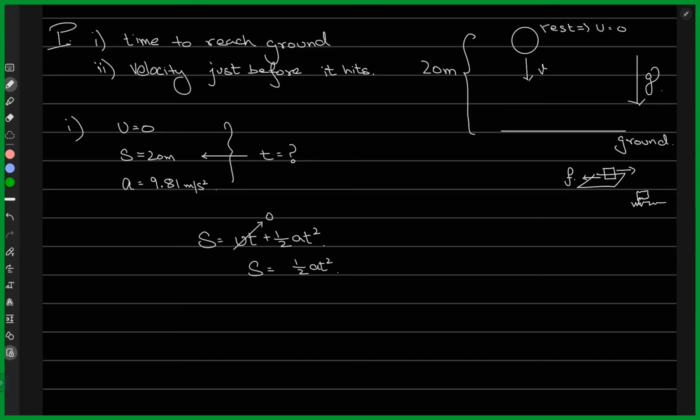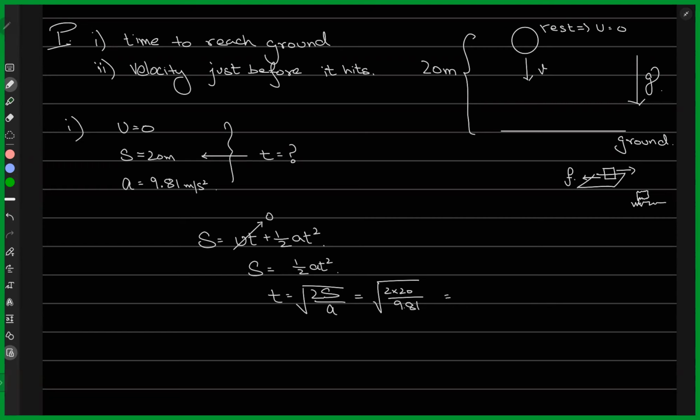So this is the equation that I have, and this gives me t as the square root of 2s over a. Is that right? So this would be just 2 times 20 over 9.81.